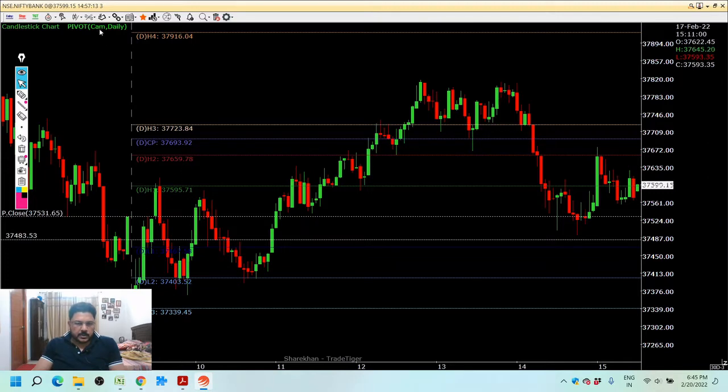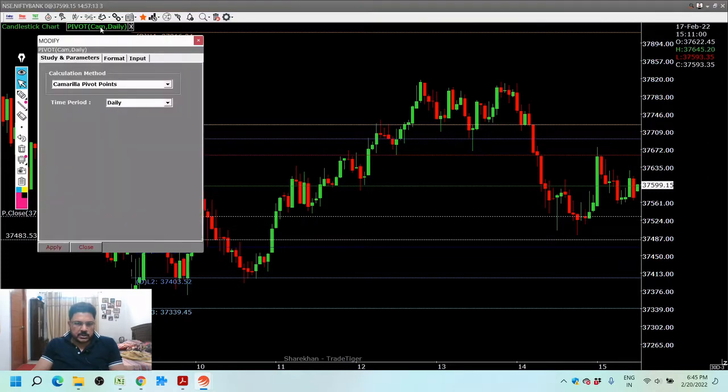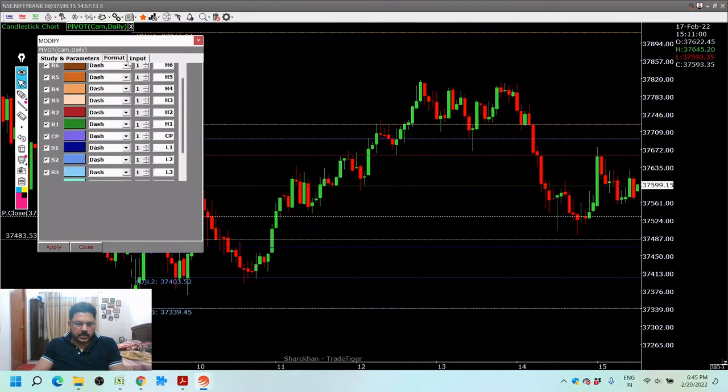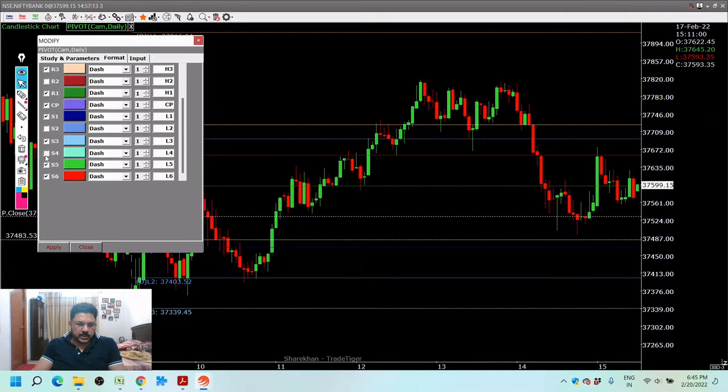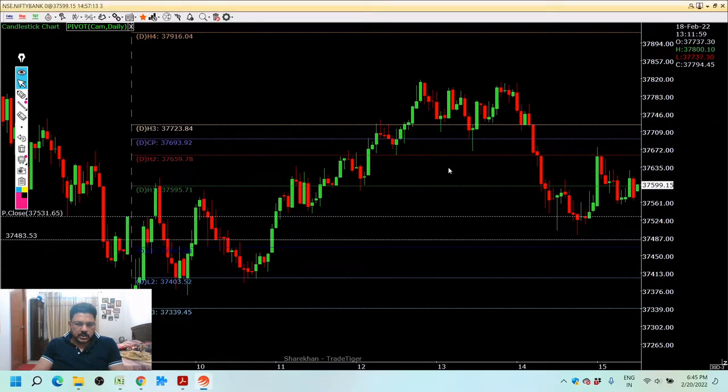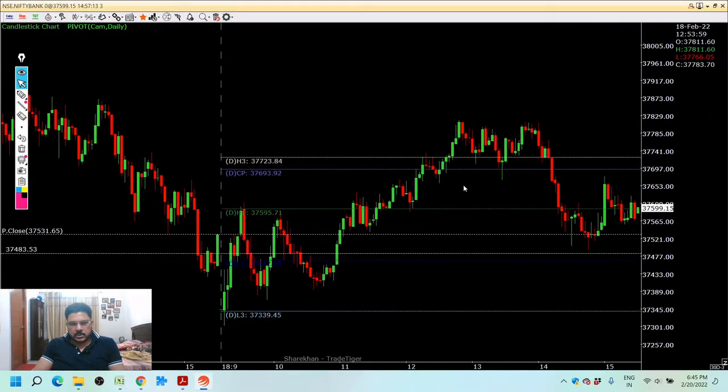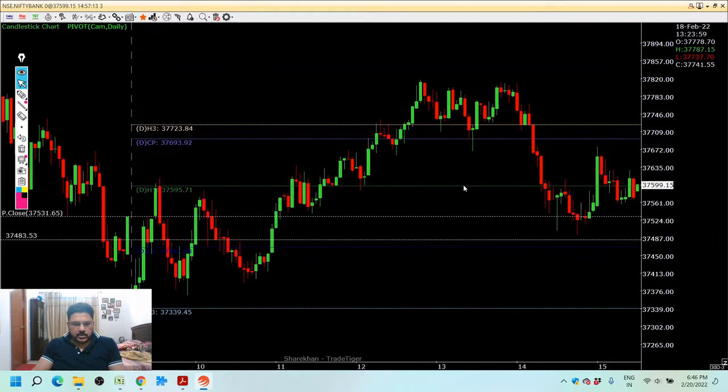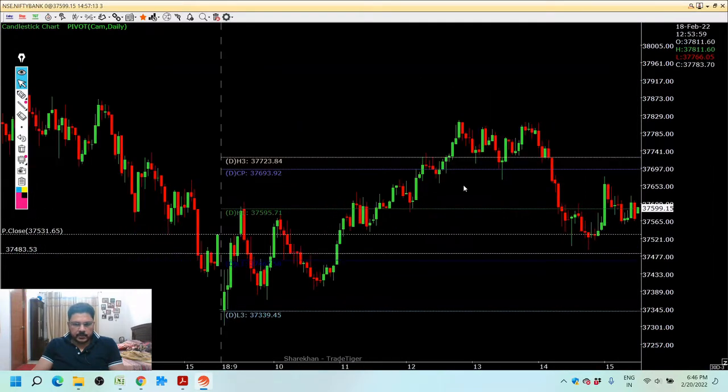You can just select this and go to input, and if you want, you can remove R5, R4. You can just keep R1, R3 and R6, and then CP, S1, S3 and S6. Like this, you will get a little bit of space here, and then you will be able to analyze better.